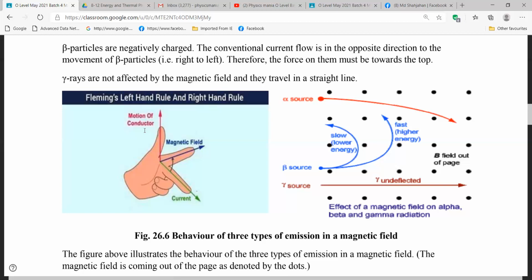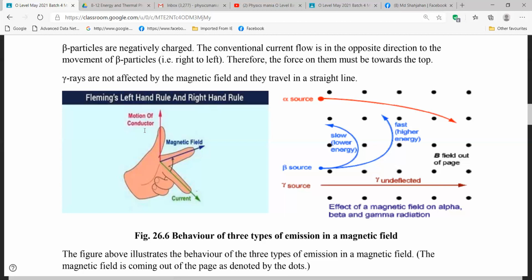Then you see the thumb is going upwards, isn't it? The motion of conduction, because beta source is negatively charged and it will be attracted towards positively charged force. So your thumb is going upwards, right? Yes, sir. So force is going upwards and beta particles are moving upwards. Is it clear now?